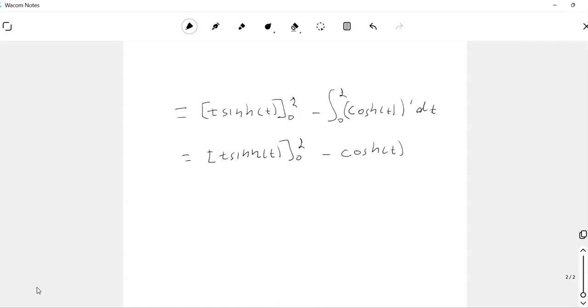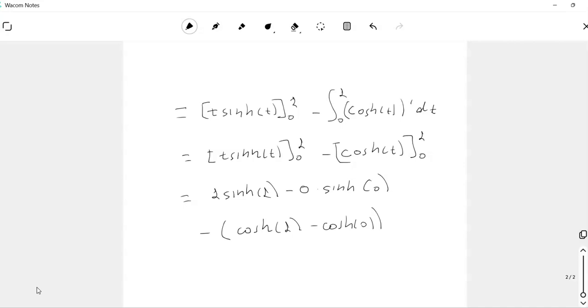This is cosh t. So this is 1 times sinh 1 minus 0 times sinh 0, minus cosh 1 minus cosh 0. This term vanishes. So this is sinh 1 minus cosh 1 plus cosh of 0.